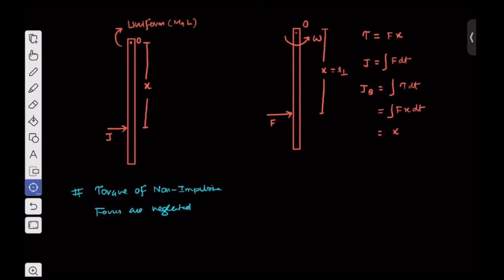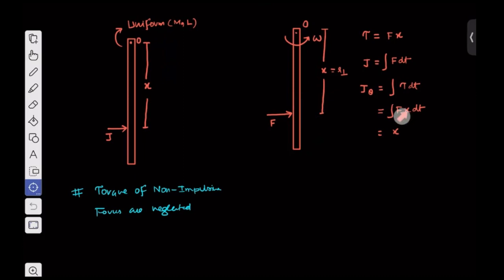So it means just during the application of this force, the position of the rod will not be changing at all. So the point of application, or the line of action, of this force will be at the same perpendicular distance for the time duration for which it acts on the rod.